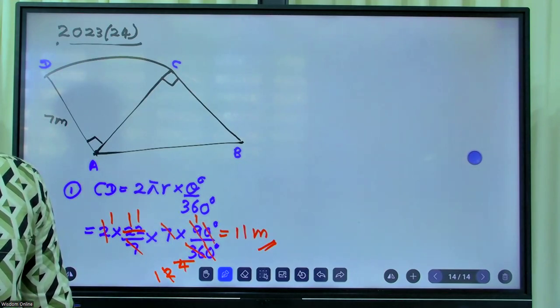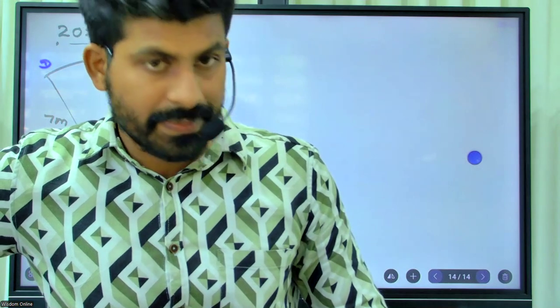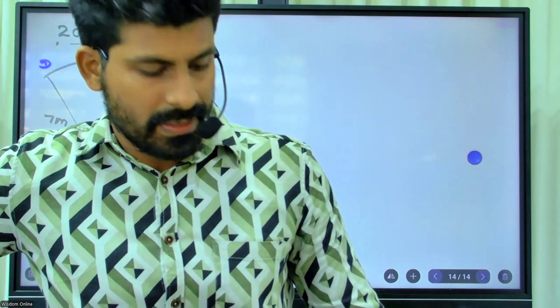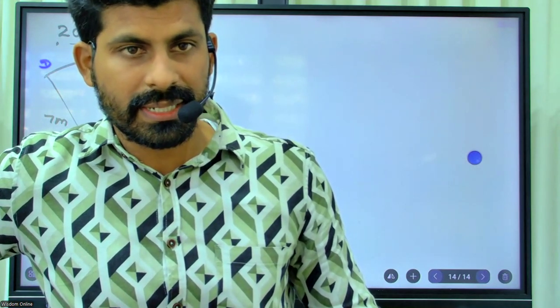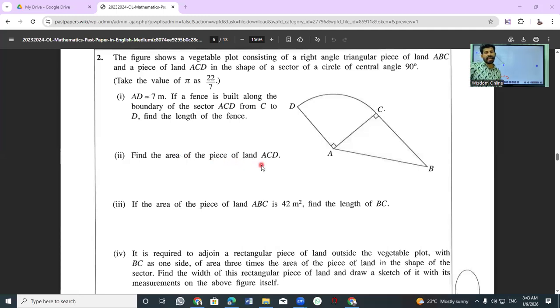Look at the second question. Find the area of the piece of land ACD.